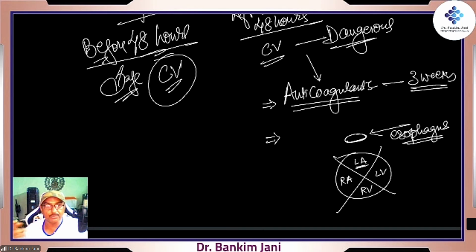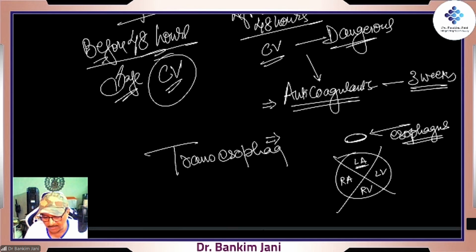So what you'll do is a transesophageal echocardiogram. You let the probe go in, and from there you do the echocardiography of the left atrium. This is what is called transesophageal echocardiography.